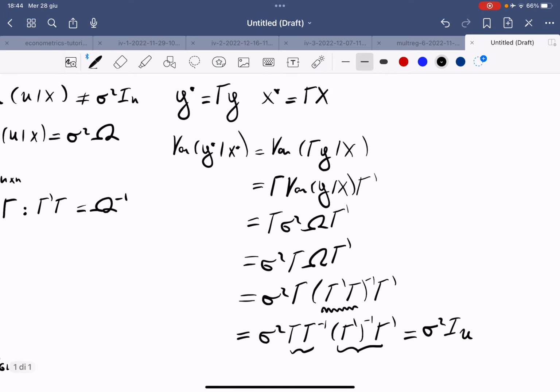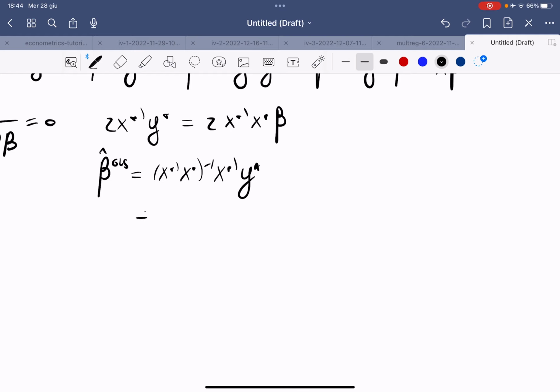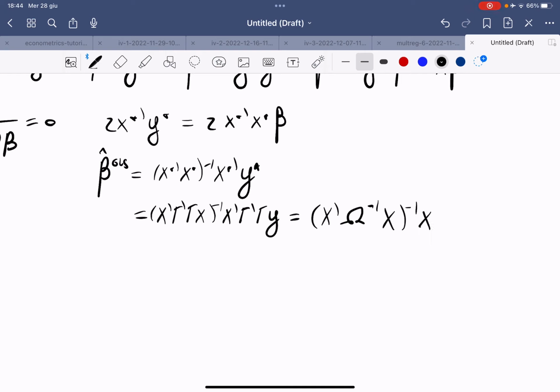Then this is equal to x transpose gamma x inverse times x transpose gamma y, that will be equal to x transposed omega inverse times x inverse times x transposed omega inverse times y.